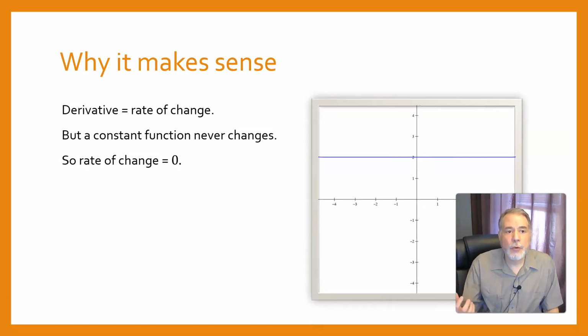And if you think of derivatives in terms of the slope, well, a constant function has a graph that is a horizontal line. It just goes right straight across. Like if f of x is the constant function 2, then every point on that graph has a y-coordinate of 2. So at every point on the graph, the slope is 0, because a horizontal line has a slope of 0.